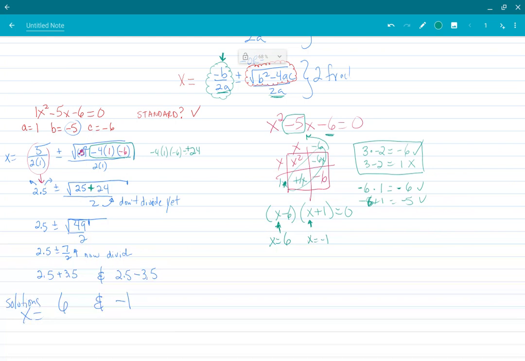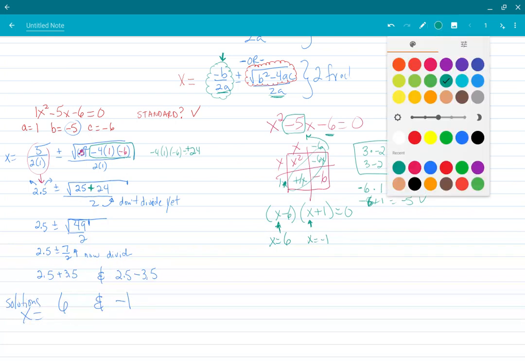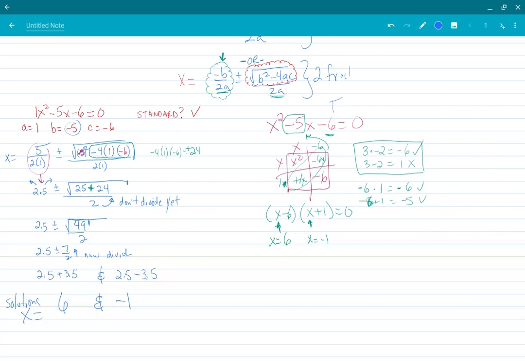Which one is more work, quadratic or factoring? Definitely the factored one is less work. So what you want to do is factor it. If you get the answers real quick, then do factoring. If you can't figure it out, then you use what?